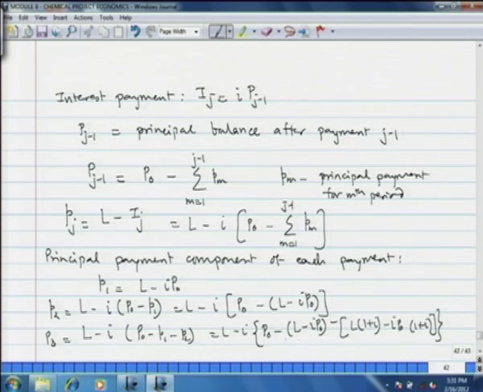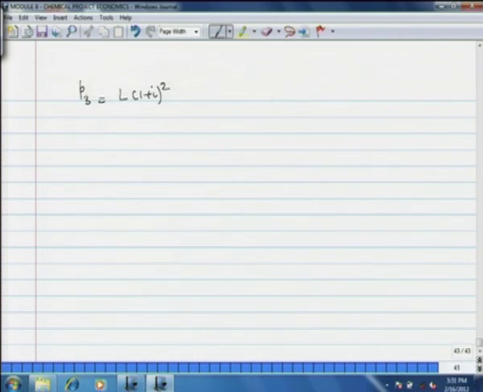If you expand this bracket and simplify, you get P3 equal to L into (1 + I)^2 minus I P0 into (1 + I)^2, and in this way the jth principal payment is L into (1 + I)^(j−1) minus I P0 into (1 + I)^(j−1). The sum of principal payment components must be equal to the original loan principal.